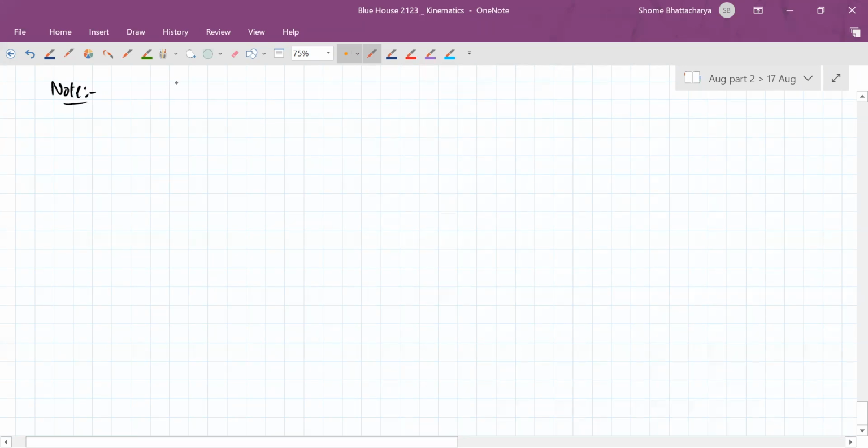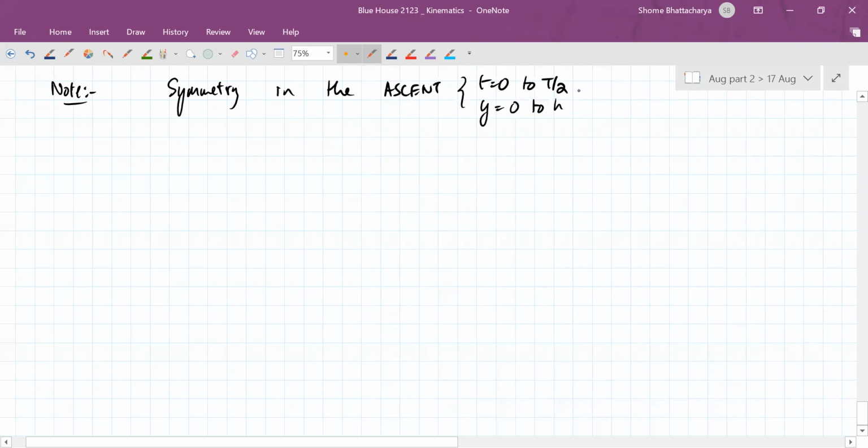Okay, the symmetry. In the ascent, that is t equal to 0 to T by 2, the y coordinate goes from 0 to h.